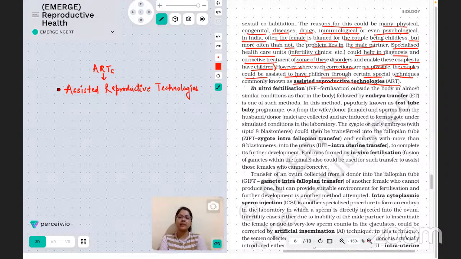So there are various methods through which these ARTs can be carried out, जिसमें सबसे पहला जो important method हो जाएगा वो IVF का method आता है. That means in vitro fertilization का method आ जाएगा.